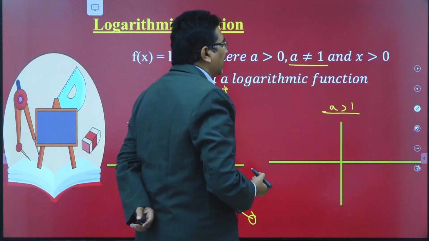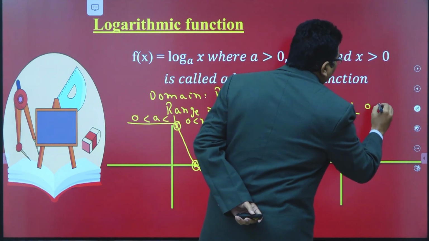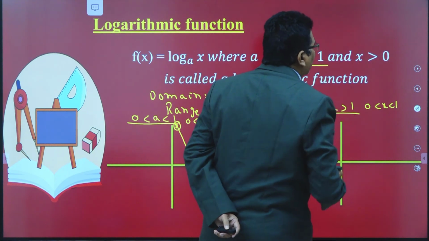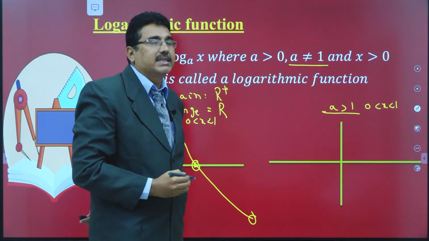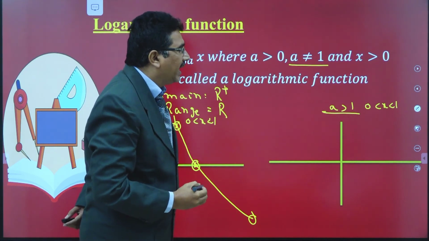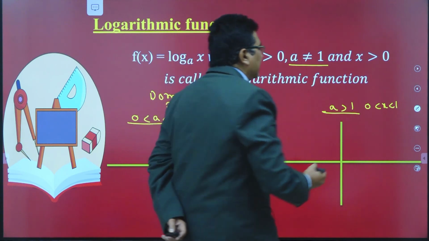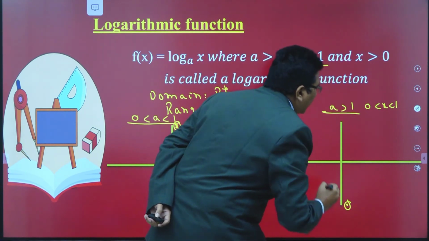Here a is greater than 1 and x lies between 0 and 1. Log x base a is negative in this case, that is minus infinity. Denote this point.